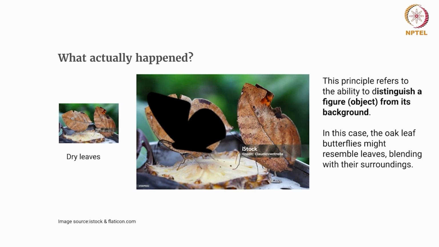The moment I zoomed in, it tried to figure out the image, and it could sense the anatomy of the butterfly. In this case, the oak leaf butterflies resemble leaves blending with the surroundings. So it was initially blending with the surroundings, but the moment the details are observed, automatically you can see the overall anatomy of the butterfly.